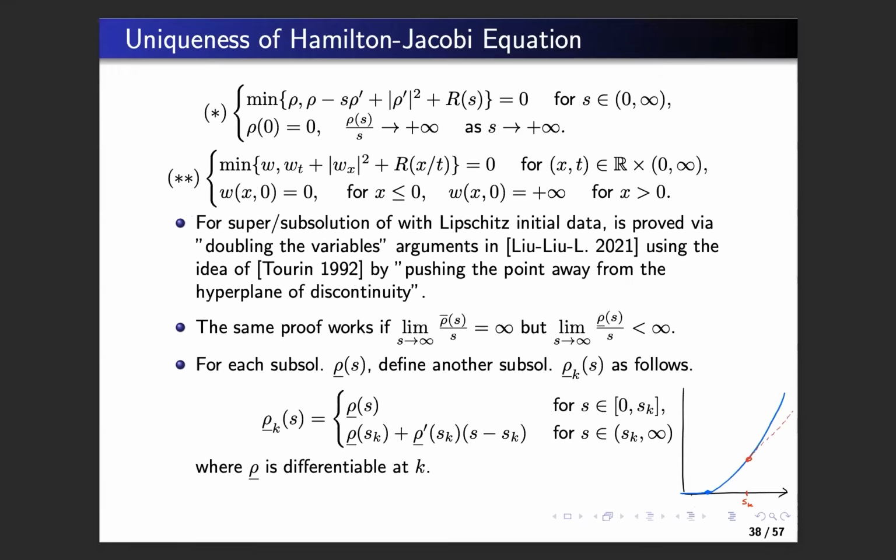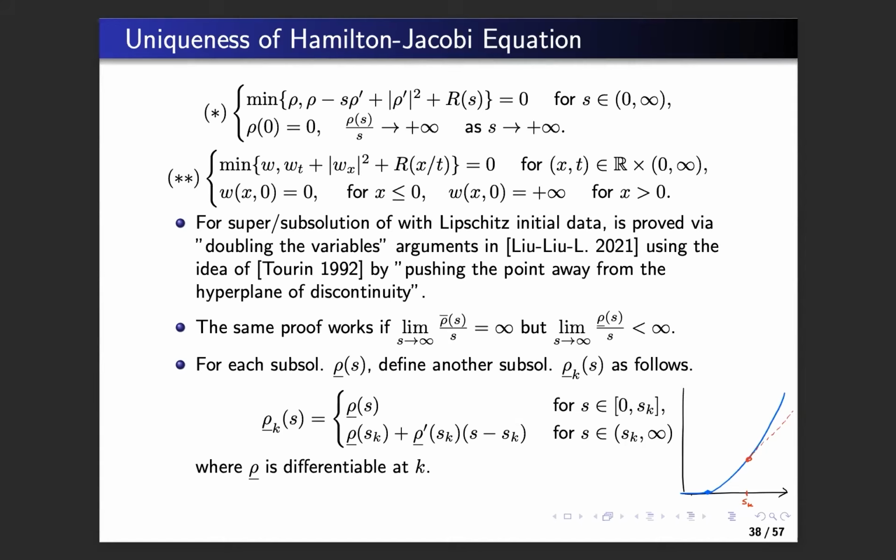First, if you have Lipschitz or continuous initial data, one can use the direct proof, the doubling of variables argument. Provided the discontinuity here is nice in terms of our assumption, there are jump discontinuities and monotone, then one can use the idea of Tuchheim to push the contradiction point away from the discontinuity, and obtain a contradiction in the usual way.